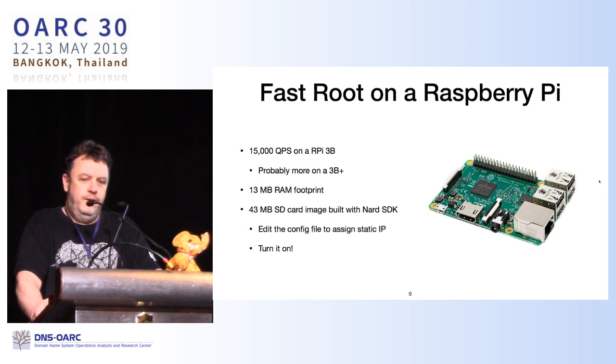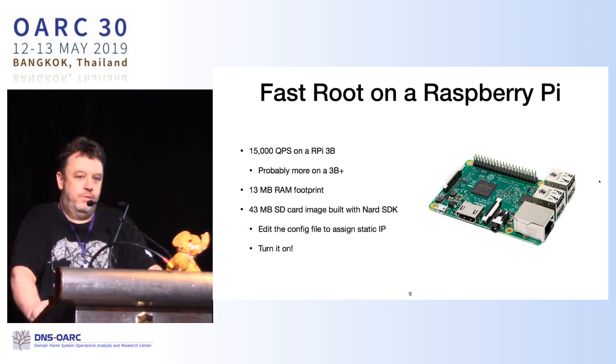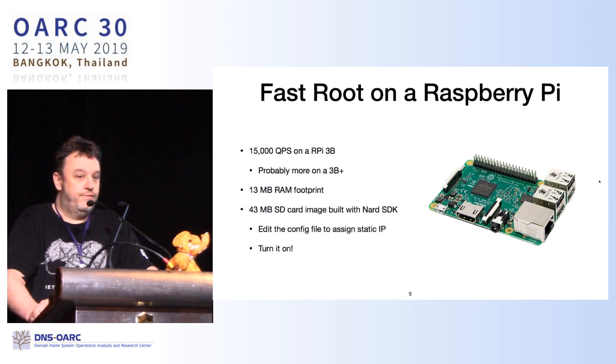I've used, ironically, a very, very heavy SDK, the NARD SDK, and I'll come back to heavy in a moment, to build a distribution for the Raspberry Pi on which you can basically plug this in. You just load an SD card up, copy over the image, use a text editor to edit a single text file that's in the boot partition, turn it on, and you've got a root server.